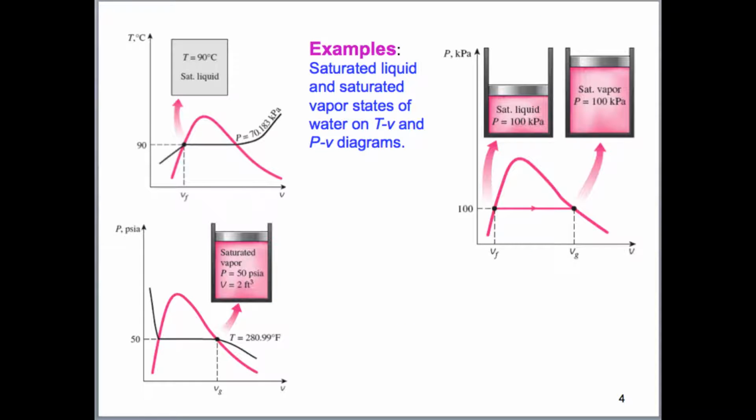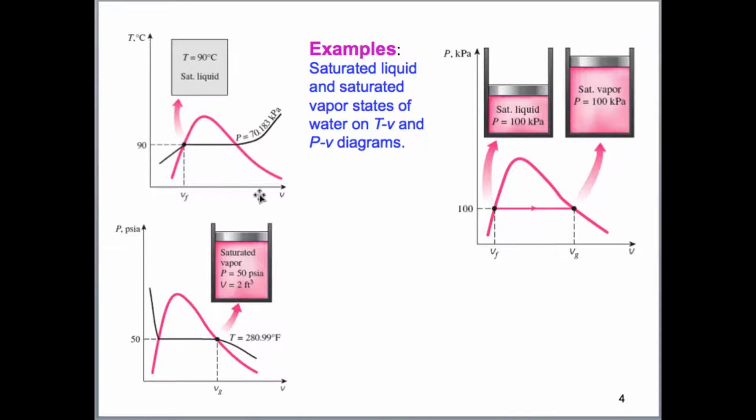So here are some examples. Just like we described before, this location is going to be describing the location of your saturated liquid. This location here is going to be describing the location of your saturated vapor. Here we have two different graphs. We have a PV diagram.